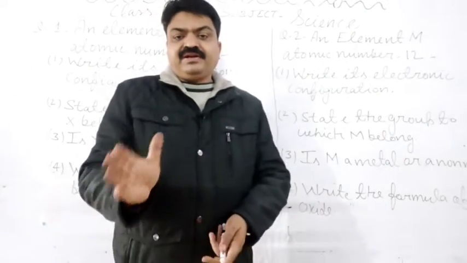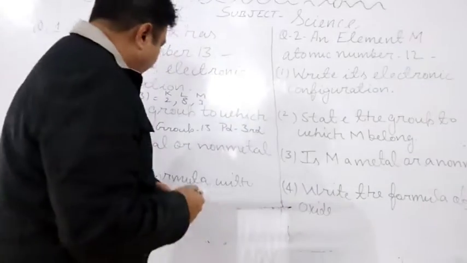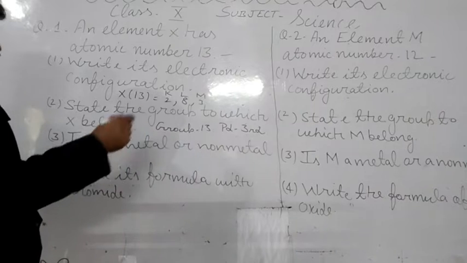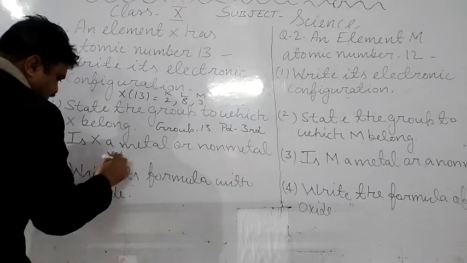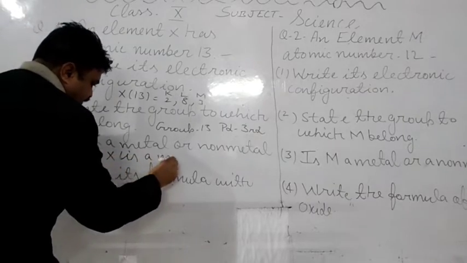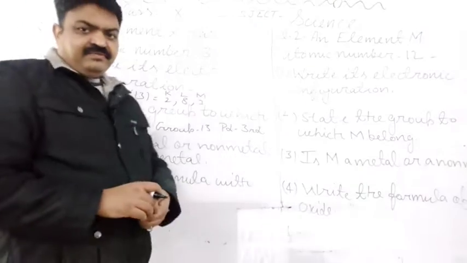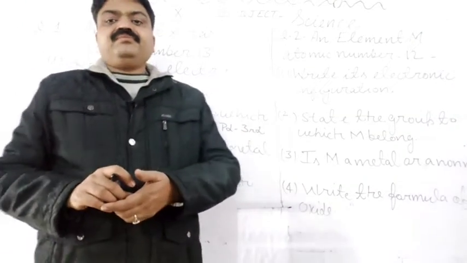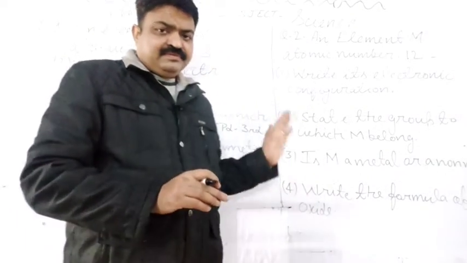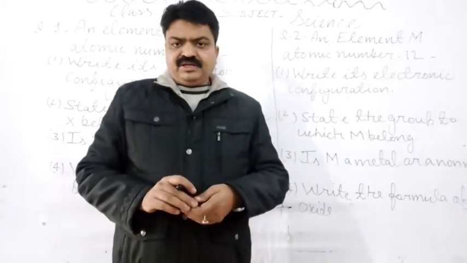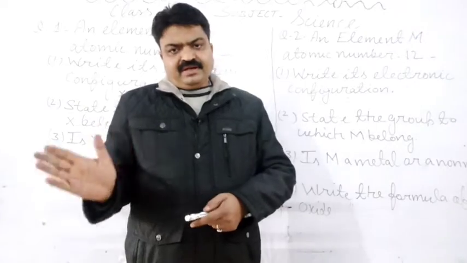You will write that it can lose its electrons, that's why it is a metal. So you write here, X is a metal. Why is it a metal? Because in its outermost shell there are 3 electrons, and those 3 electrons it can lose.